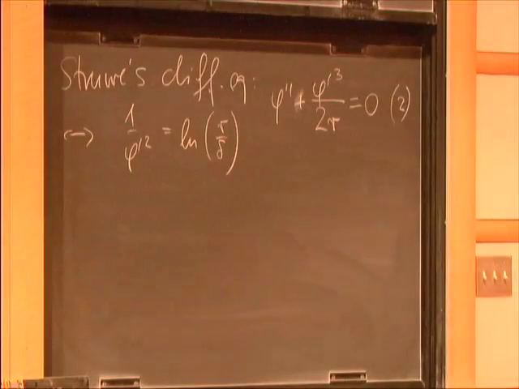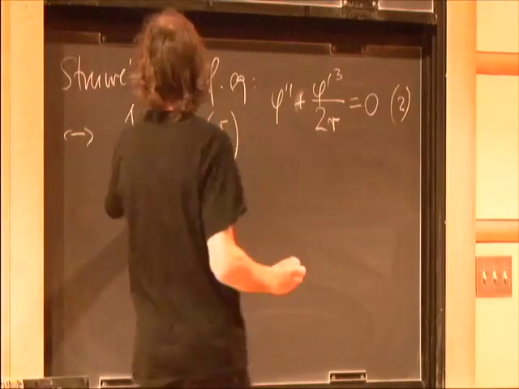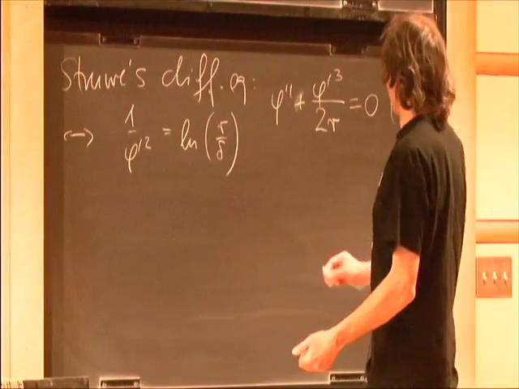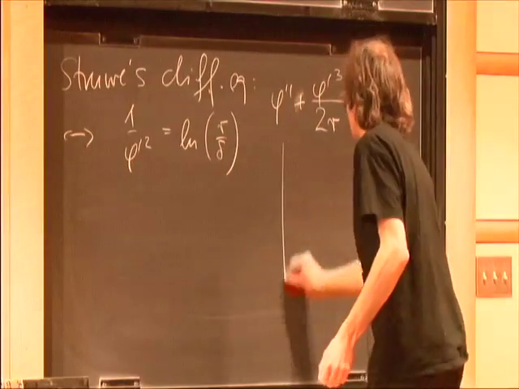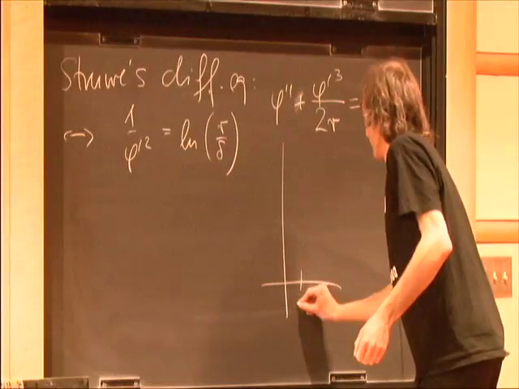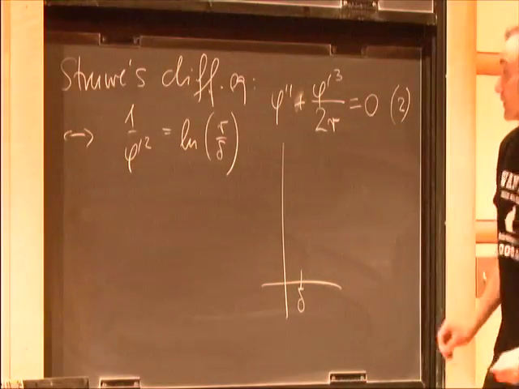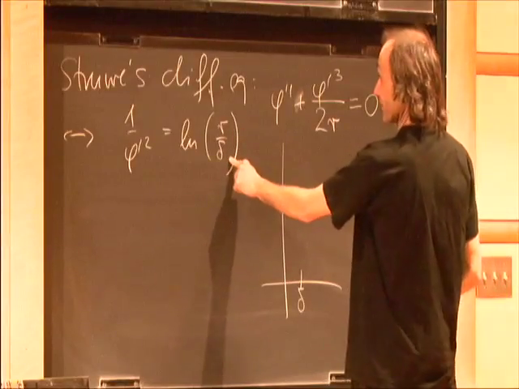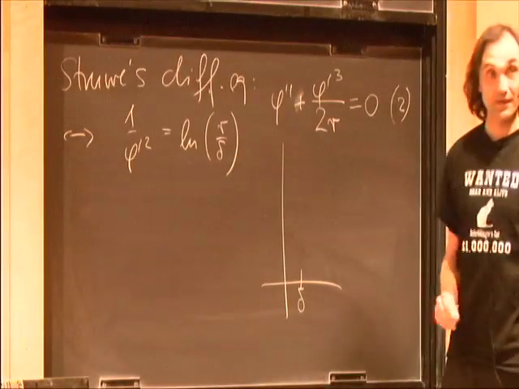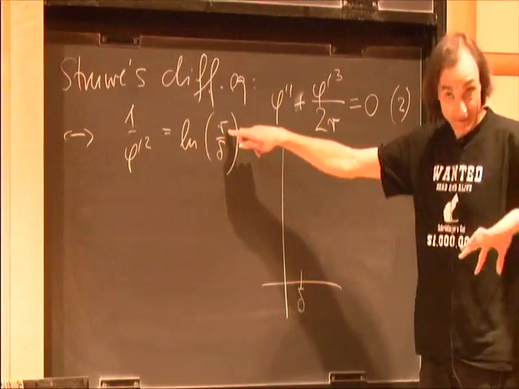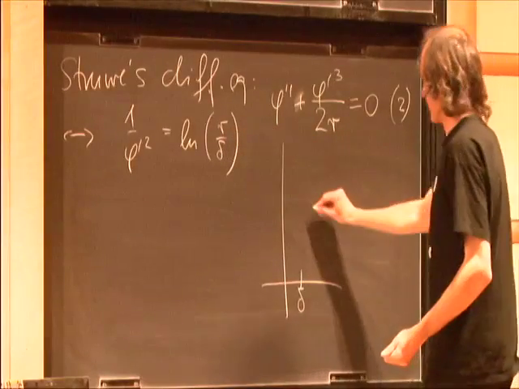But already what you see from this form here is that it is already starting out correctly, because at delta the derivative becomes infinity, and then for r bigger than delta it's finite. So already this is a solution.